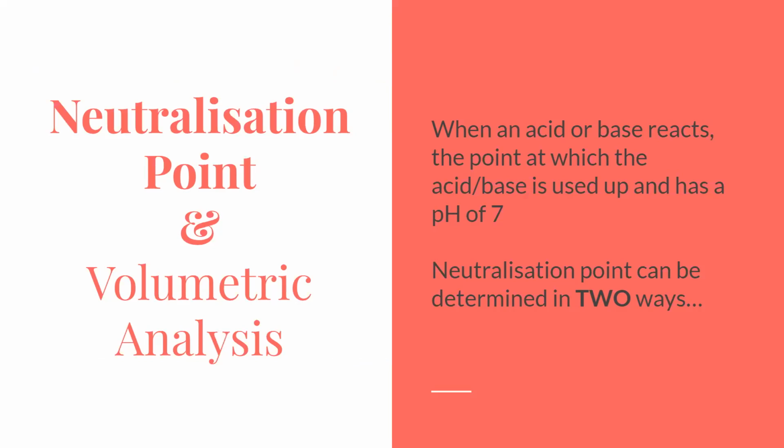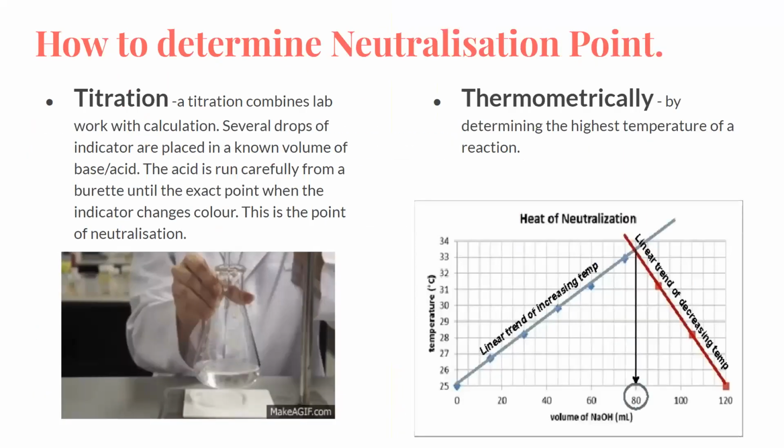Now, neutralization point can be determined in 2 ways. Let's see how. So it can be determined through titration, as you always see this little GIF here, and it can be determined thermometrically. But let's deal with titration first.